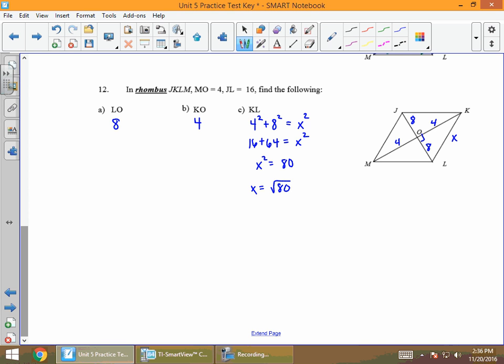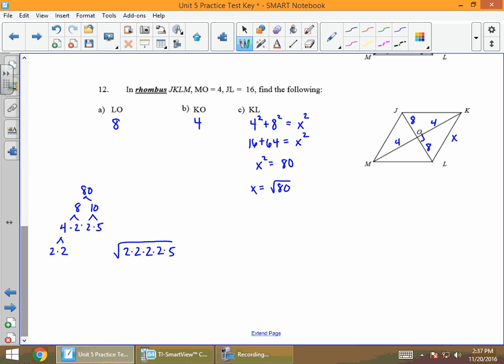And I don't like to leave my radicals as the square root of 80. I try to simplify those every chance I get. So if I think about the factor tree for 80, it's 8 times 10, 4 times 2, is 2 times 5, and 4 is 2 times 2. So the square root of 80 is actually the square root of 1, 2, 3, 4 2's and a 5.